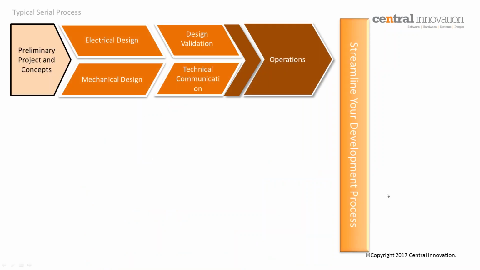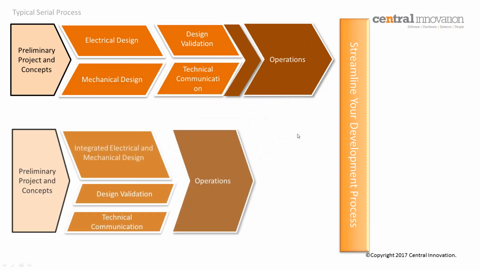So with that one, what we can say in a traditional or typical serial procedure, any concept coming with either electrical or mechanical design, then after that stage, we go to the design validation and then do the technical communication, and it's become like operative.